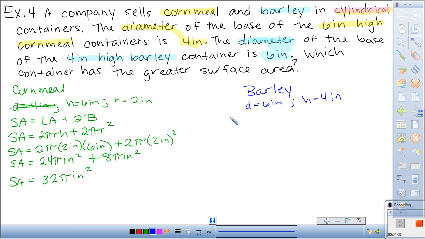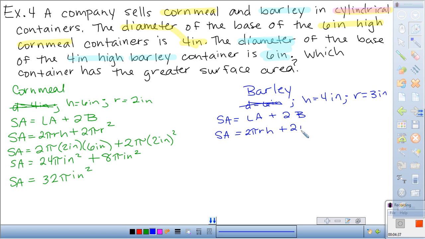I'm going to work barley the same way. Again, diameter 6, which means my radius is half of that, 3 inches, so I don't need this diameter anymore. And my formula is surface area equals lateral area plus 2 times the area of the base. Surface area equals, I know to find lateral area, I need to take the perimeter of the base times the height. The perimeter or circumference of the base is 2 pi r times the height plus 2 times the area of the base.